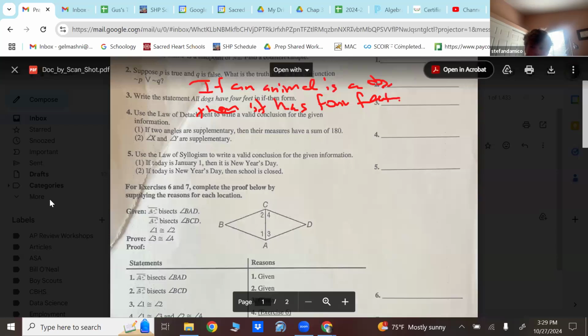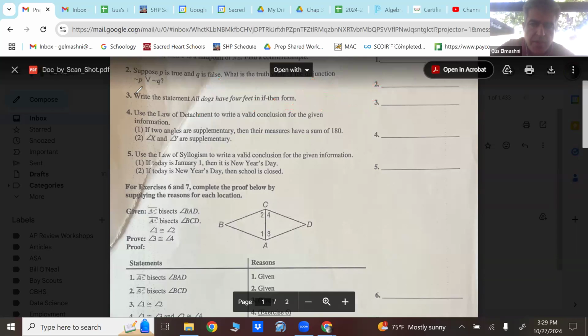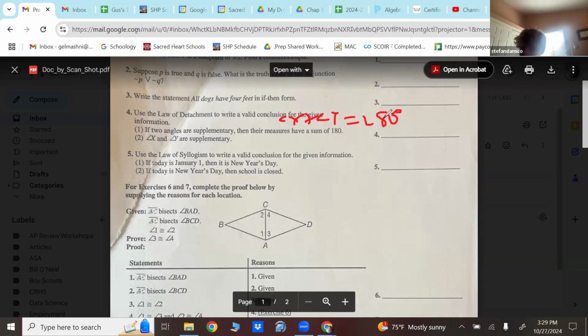All right. For four, use the law of detachment to write a valid conclusion. If two angles are supplementary, then their measures have a sum of 180. Angles x and y are supplementary. So then you could say angle x plus angle y equals 180, because these two angles are x and y, so they have to sum to 180.